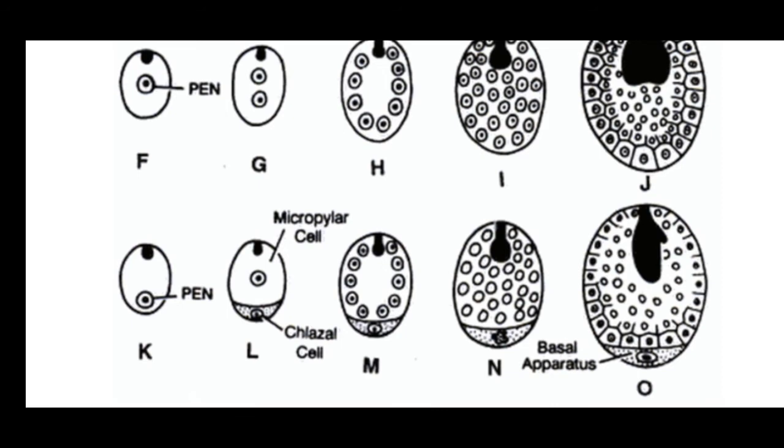The primary endosperm nucleus divides into two unequal cells, one micropylar cell which is comparatively large, and one chalazal cell which is small.